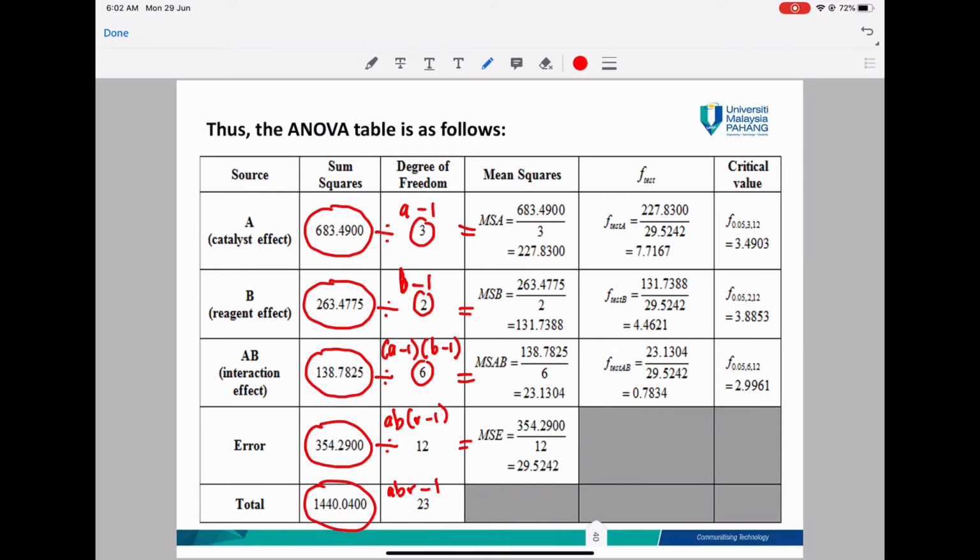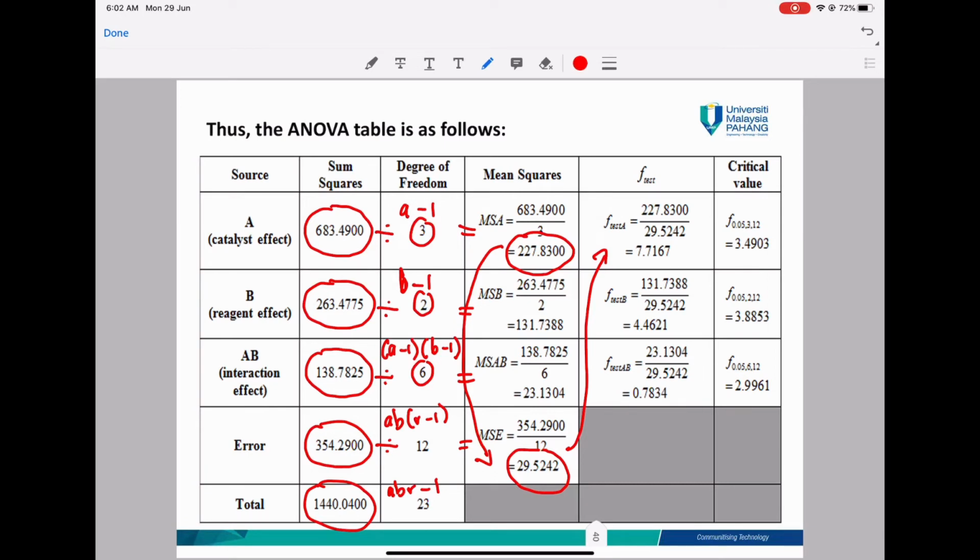After we finish with the mean square, now we can find the F-test for each of the variables. So for the first one, F-test for A, 227.83 divided by the MSE 29.5242, and then you can have 7.7167.